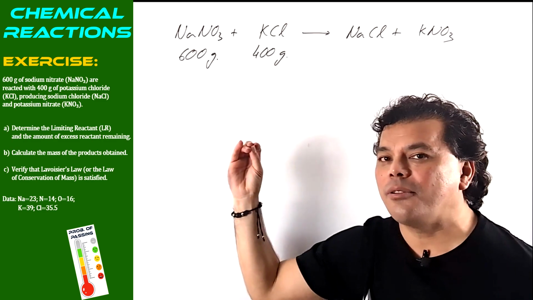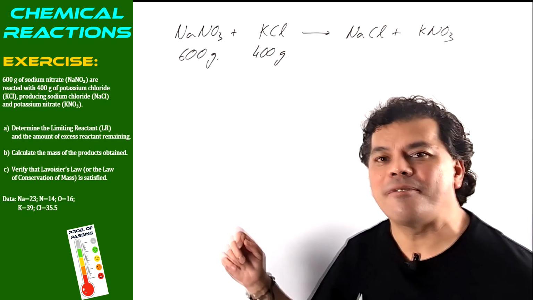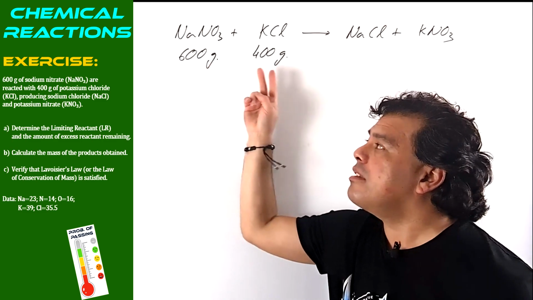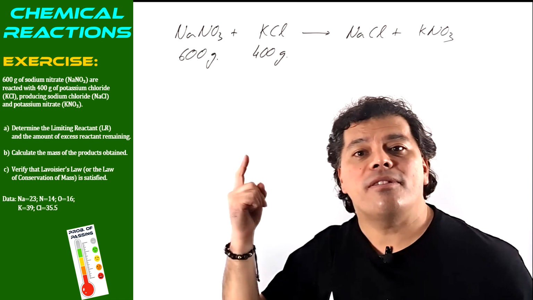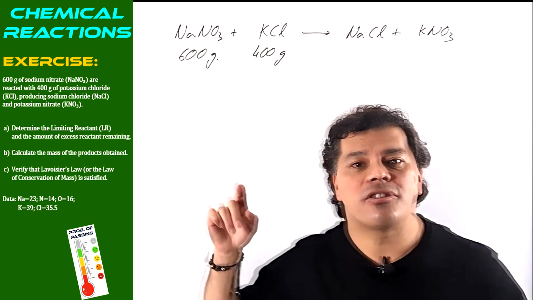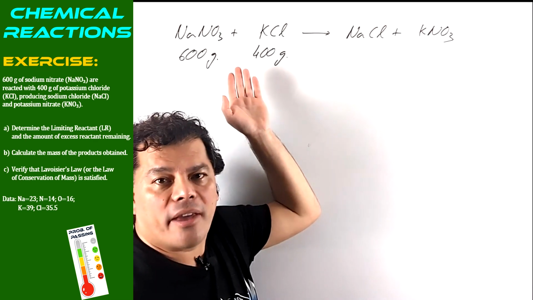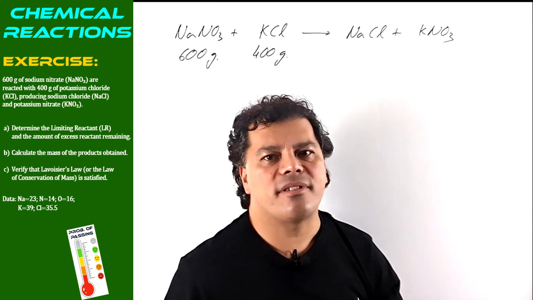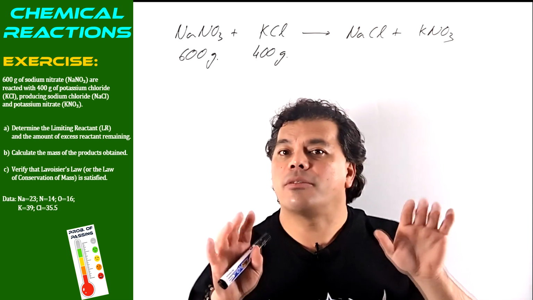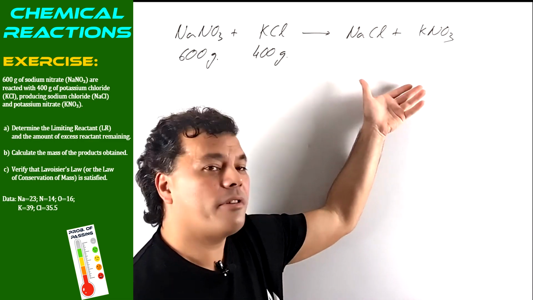You have to consider that one of these substances will be the first to disappear, and at that moment the reaction will stop. It is called the limiting reactant because it will be the first substance to disappear, and then the reaction will stop. Using the limiting reactant, we will calculate the amounts of products.